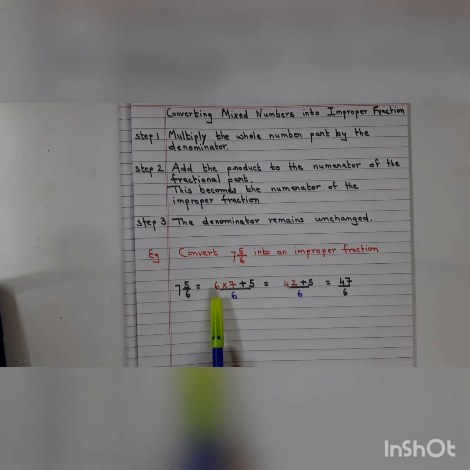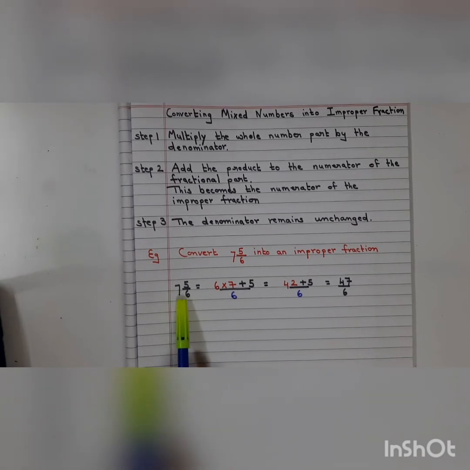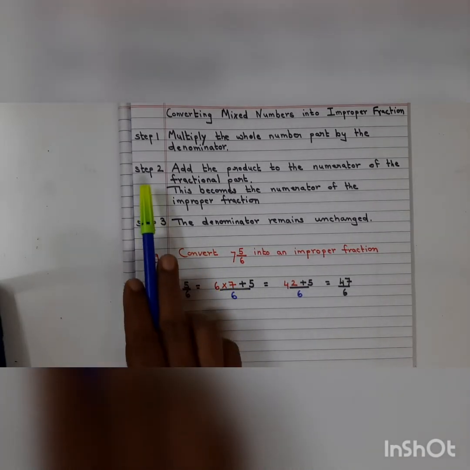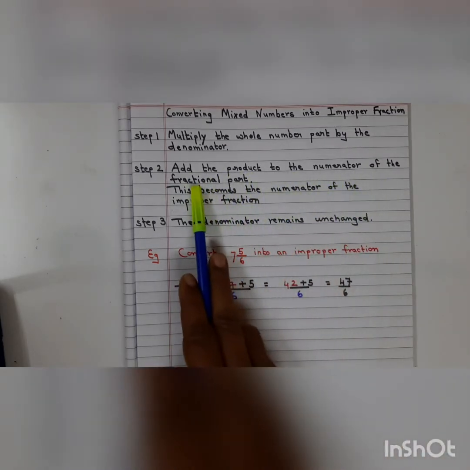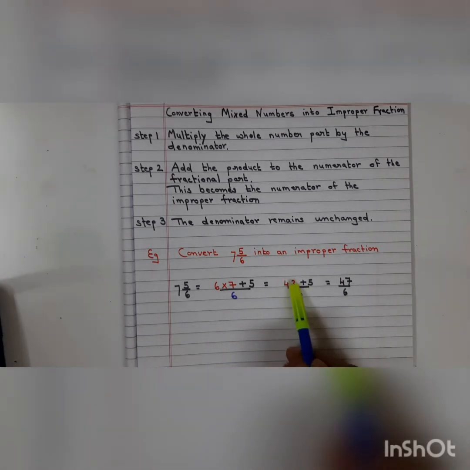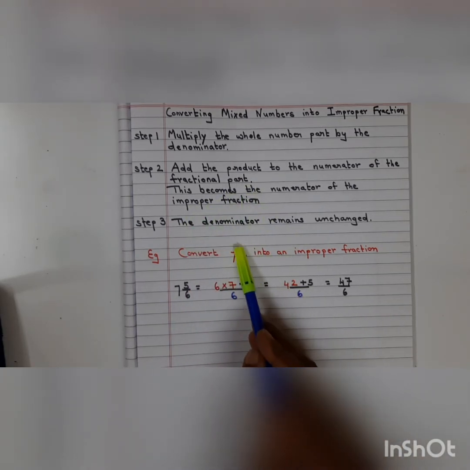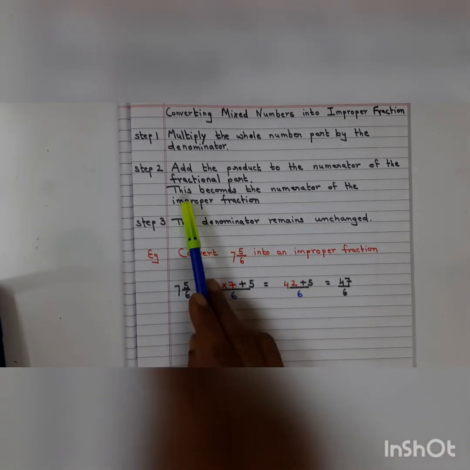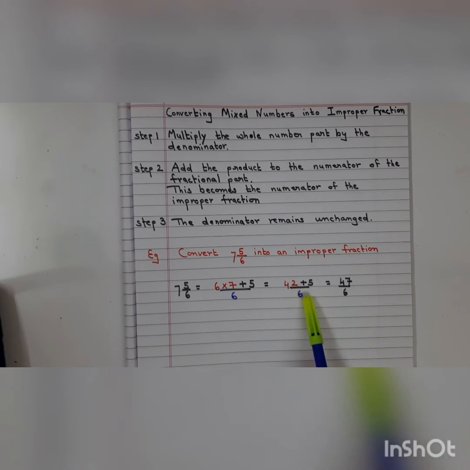So what you're going to do, you'll multiply this 6 into 7. Can you see 6 into 7? Step 2 is what? Add the product to the numerator of the fractional part. This here 6 into 7 is 42. This you are adding to what, children? To the fractional part. Which is your fractional part here? 5. The numerator over here. This becomes the numerator of the improper fraction.